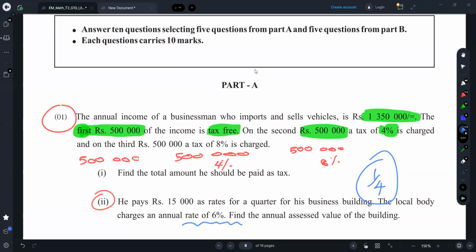So we should find the annual assessed value of the building. Okay, try to get the answer. I'll give you 2 minutes.